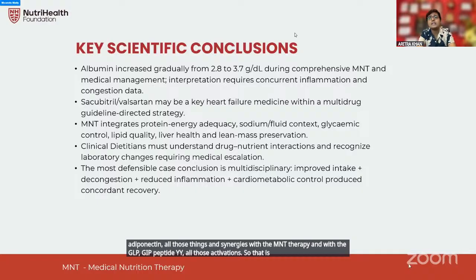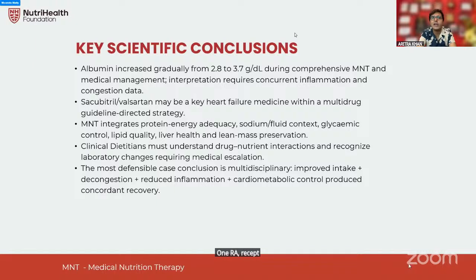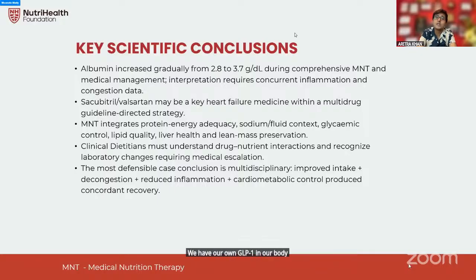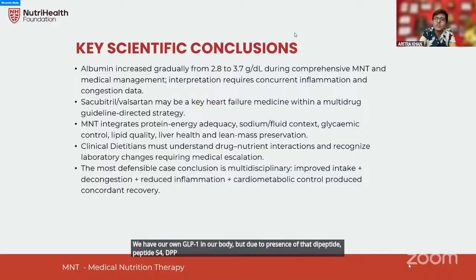You know very well nowadays GLP-1 receptor agonists are available. I'm not talking about the names, but semaglutide and tirzepatide are very widely accepted and physicians used to prescribe. But you know very well, we have our own GLP-1 in our body, but due to the presence of dipeptidyl peptidase 4, DPP4, we can't restore that GLP.